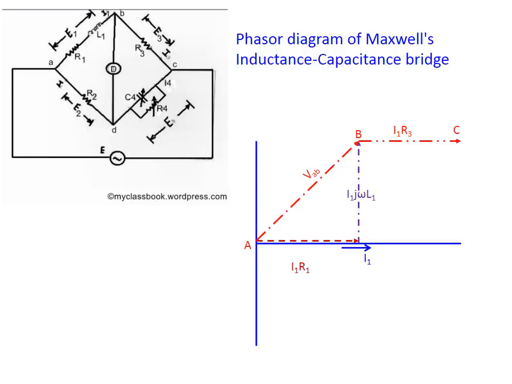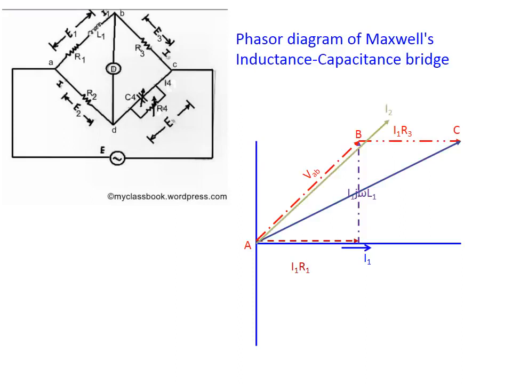So from point B, we will draw a line parallel to I1 having a length equal to I1 into R3. The tip of this line will end in point C. So BC will represent the voltage across branch BC as VBC. The violet colored phasor VAC is the total supply voltage E.